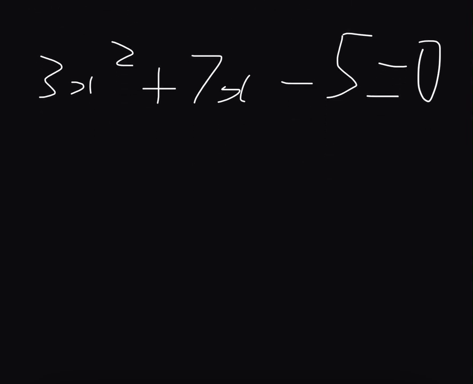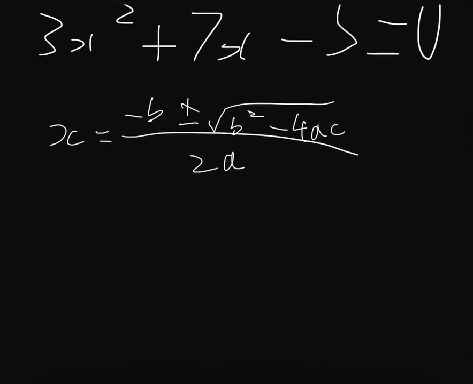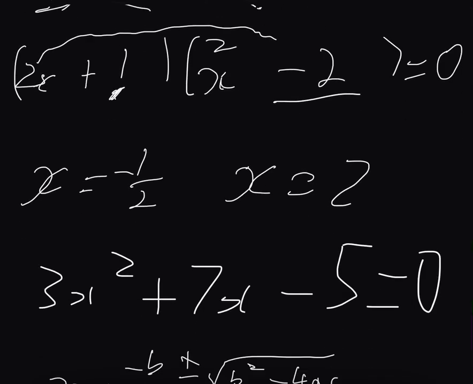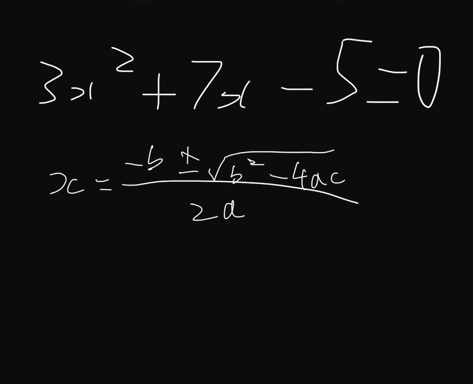Now, the quadratic formula is x equals minus b plus minus square root of b squared minus 4ac over 2a. Now, that might look complicated, but it's not, and you will remember it if you use it enough. Now, remember, up here, a, b, c, that's the same here, a, b, c. So in this question, this is a, this is b, and this is c.